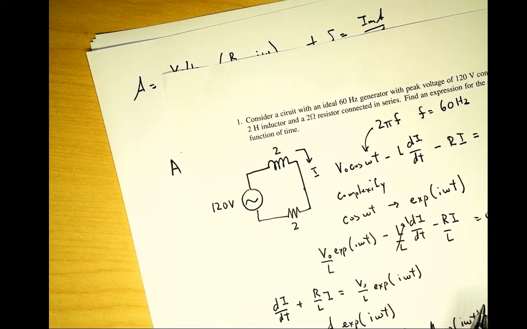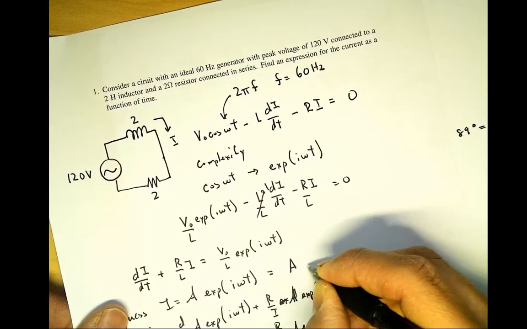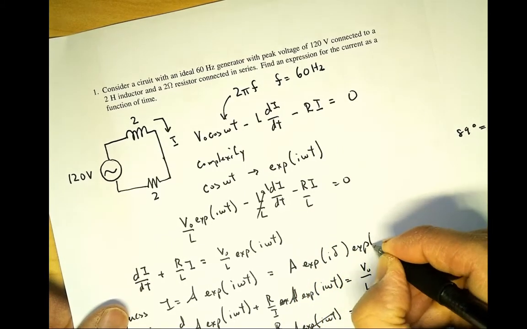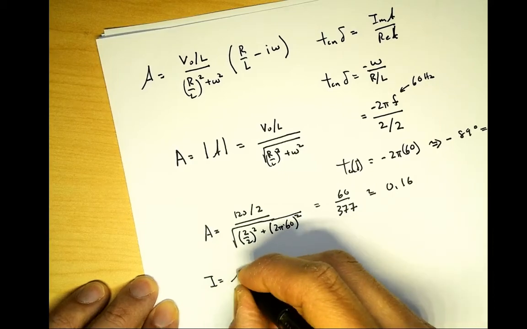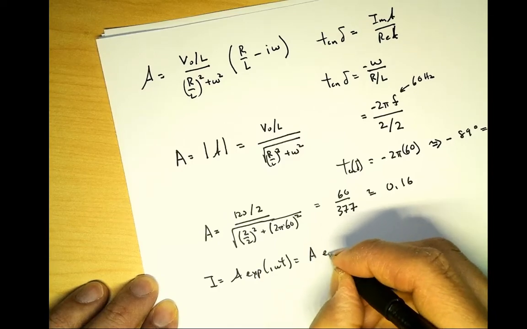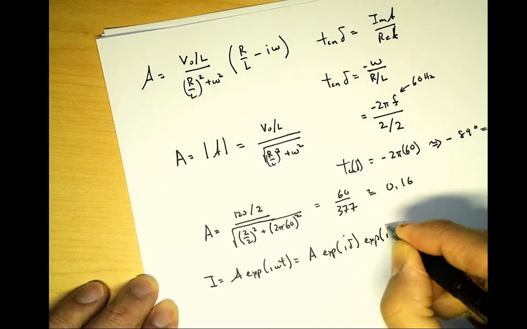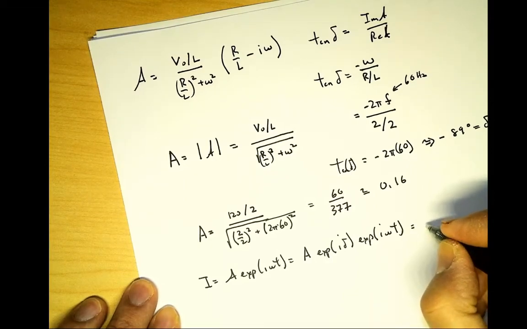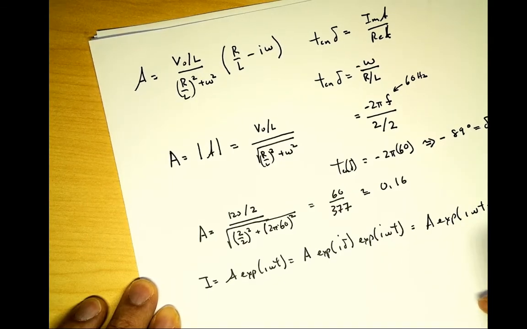Okay, so now we can come up with the final thing. I is equal to A exponent I delta exponent I omega t, right? So I'll write that down. I is equal to A exponent I omega t, which is A exponent I delta exponent I omega t, and this is going to be equal to A exponent I omega t plus I delta, all right?